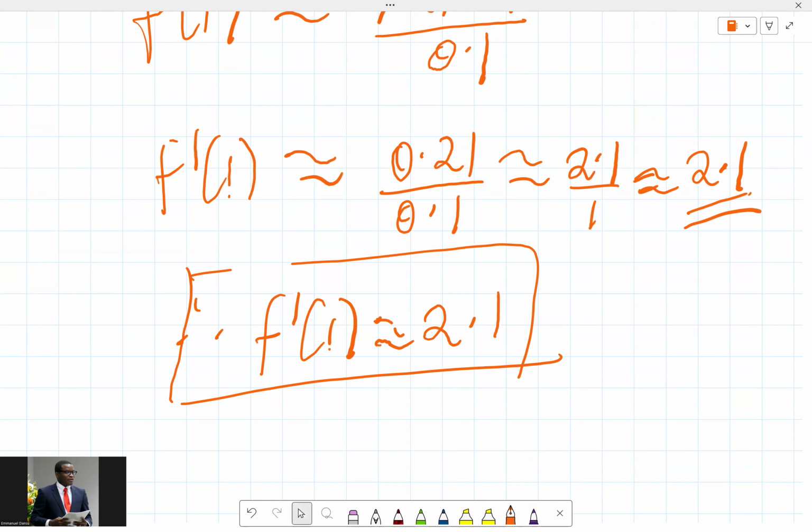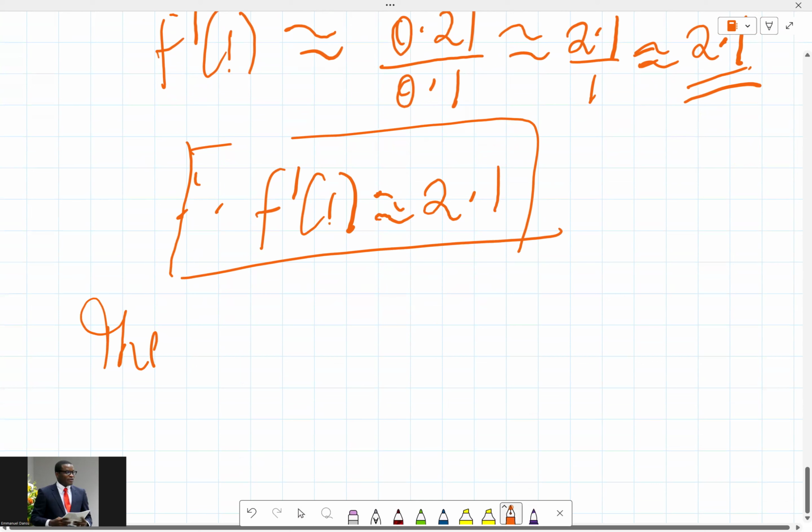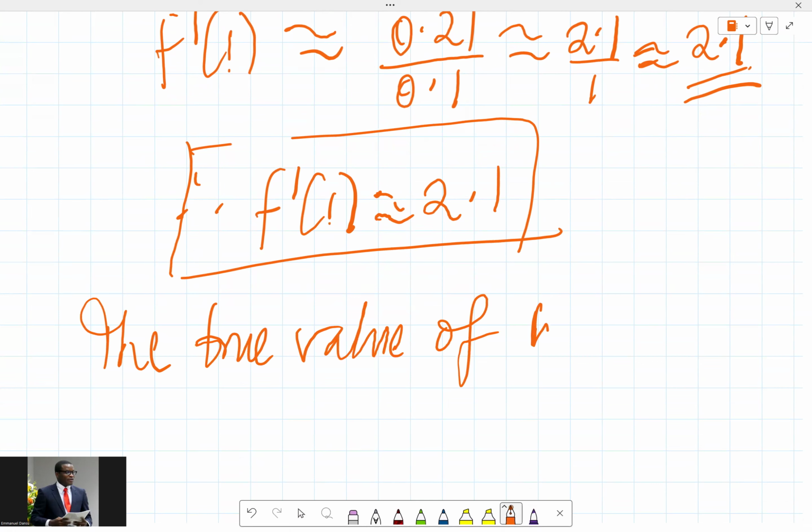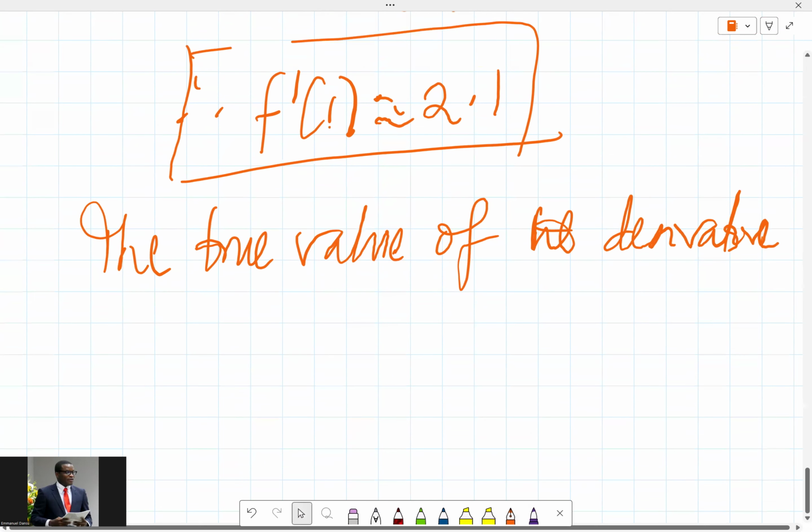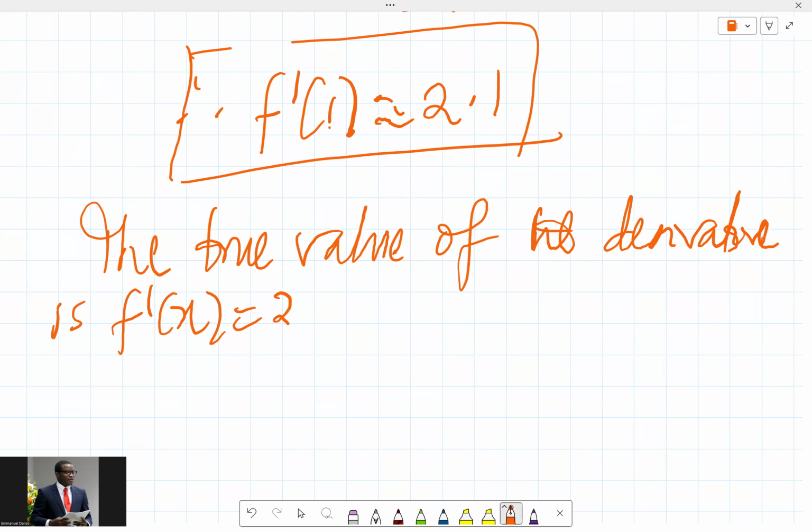Settled. So we know that the true value of the derivative, like I said before, is f prime of x, which is equal to 2x. So we know that f prime of 1 is simply 2.